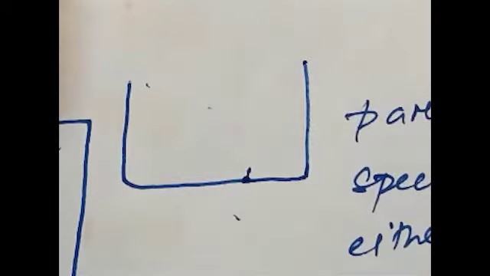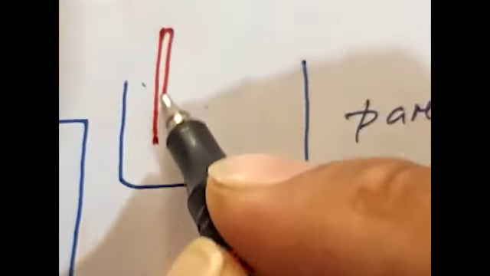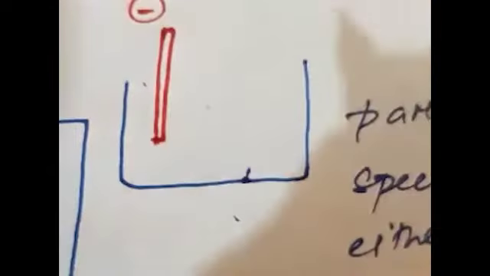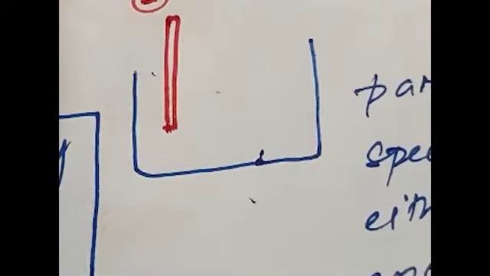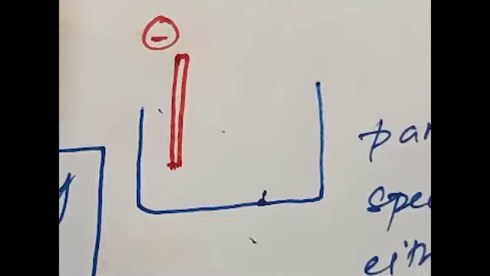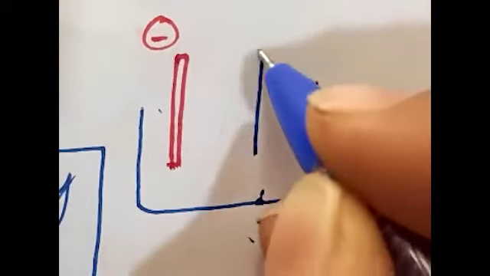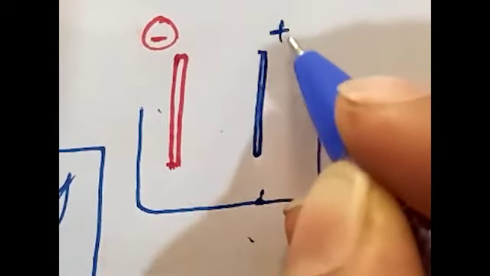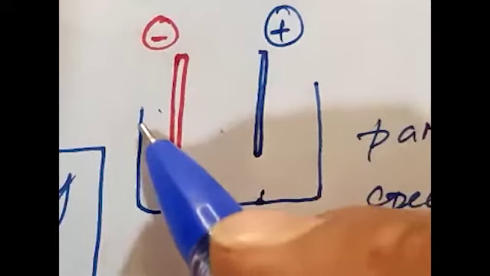Inside the vessel, there is an electrode which is negatively charged. Negatively charged means it is cathode, and positively charged has to be anode. Positively charged. Okay, fine.